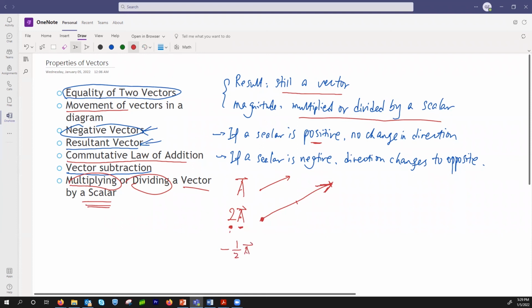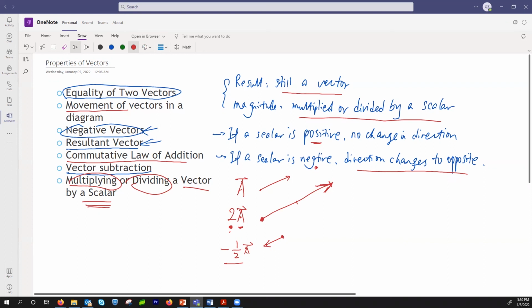In this case, the magnitude is divided by 2, so the length should be shortened by half. The scalar that we're using right now, negative 1/2, is a negative number, which means the direction will change to the opposite. So the direction will go left instead. And this will be the new vector after being divided by a scalar.